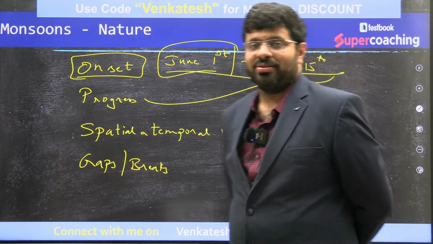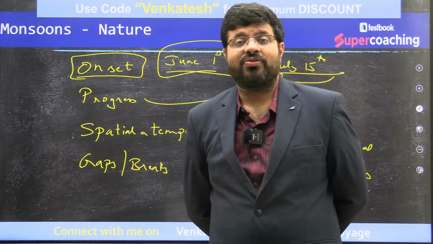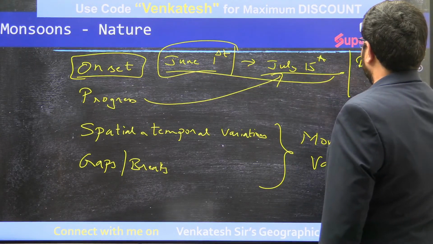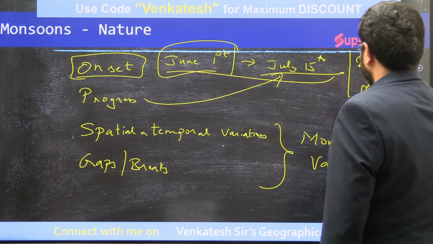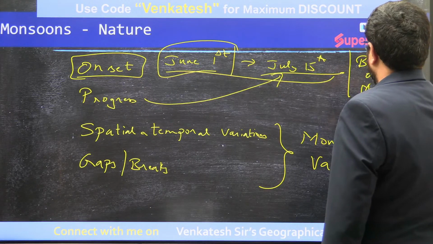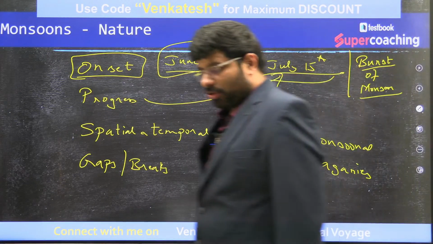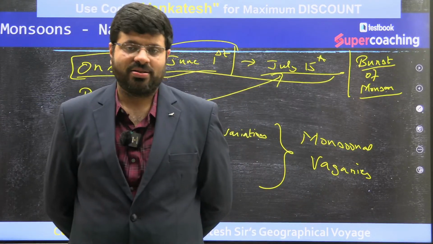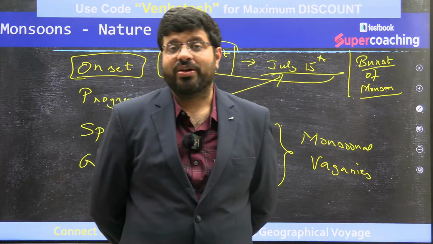When they enter, monsoons are known for one unique thing. What is that? Burst of the monsoon. When the monsoons enter India, the phenomenon is a burst. Why do you think they are known for burst?